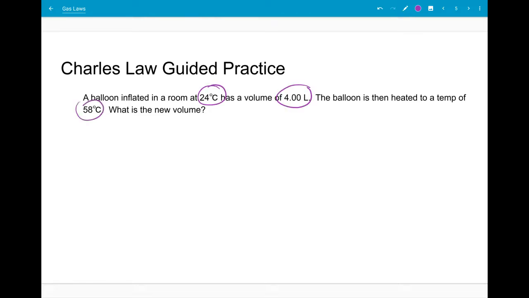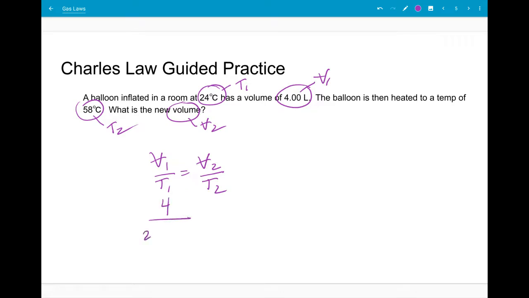So again, I'm going to circle the main things, identify what I have, and I also notice that my temperatures were given to me in Celsius, which means I do have to convert to Kelvin. If you do not convert to Kelvin before you do the gas law itself, you'll actually get the wrong answer.